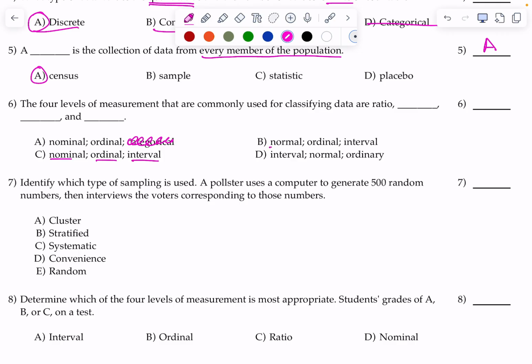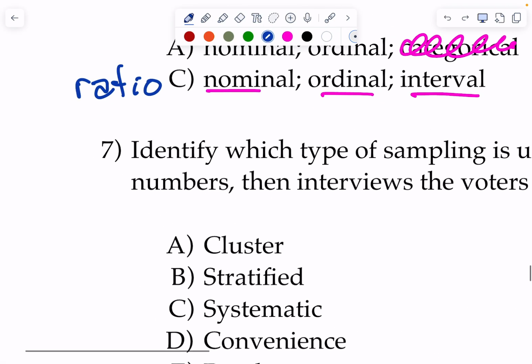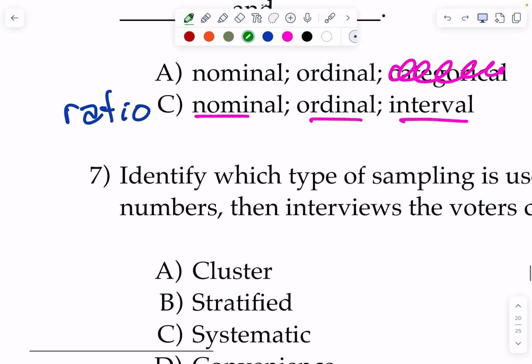Oh, no, this one says normal, ordinal, interval. Normal is not right, and ordinary is not right. So it has to be C. Yeah? Okay, now question. If we'd go that route, we had ratio, and then we had nominal, ordinal, interval. Okay, which ones of those are quantities?